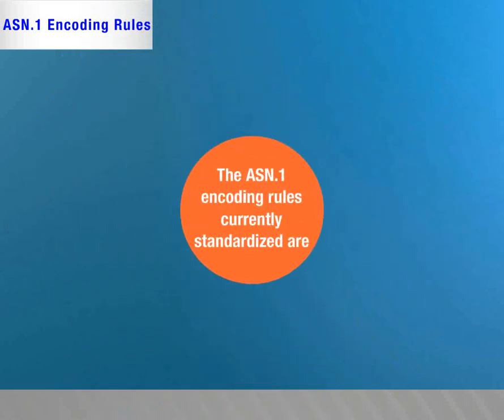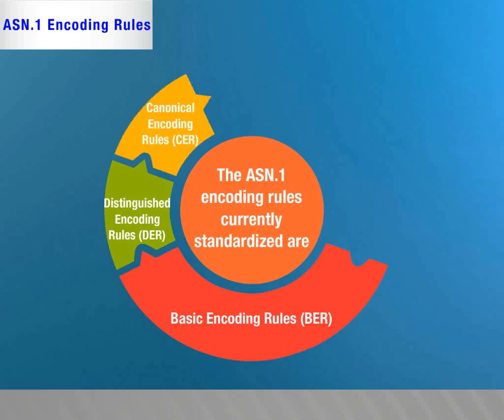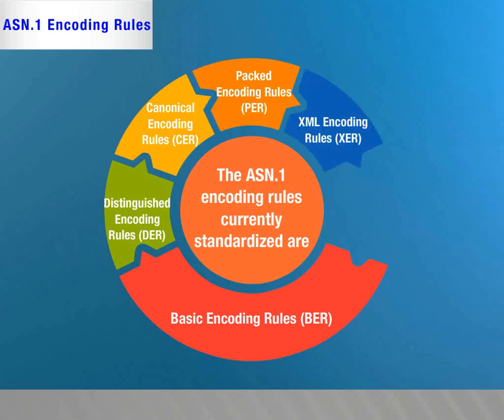The ASN.1 encoding rules currently standardized are Basic Encoding Rules (BER), Distinguished Encoding Rules (DER), Canonical Encoding Rules (CER), Packed Encoding Rules (PER), XML Encoding Rules (XER), Extended XML Encoding Rules (EXER).